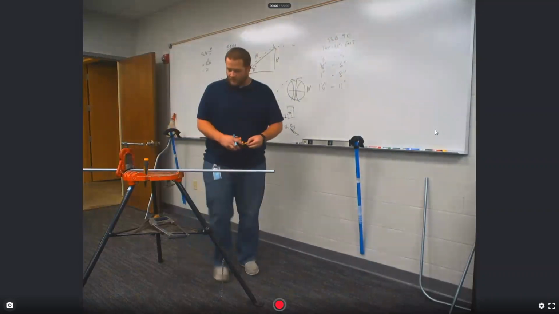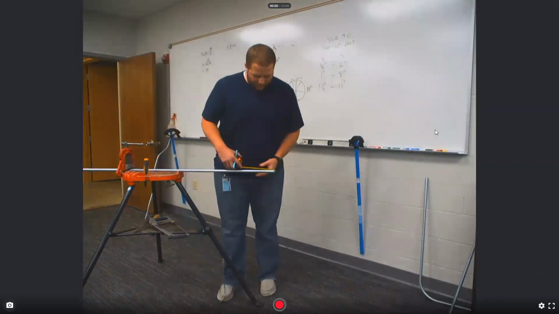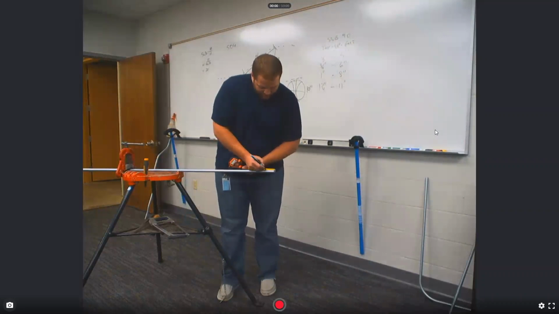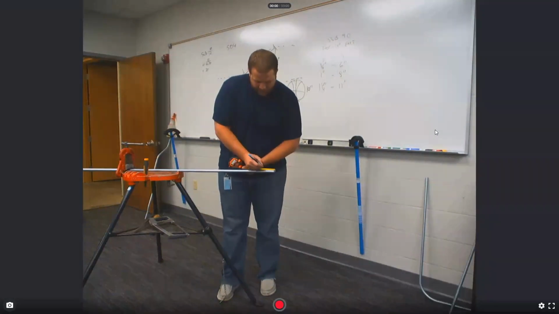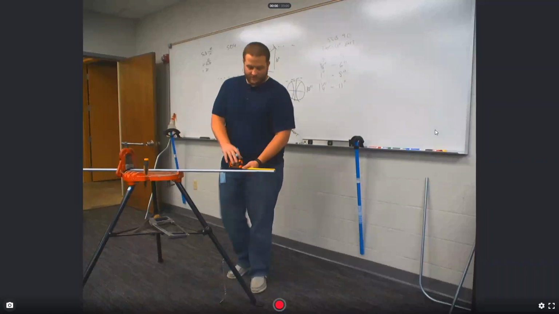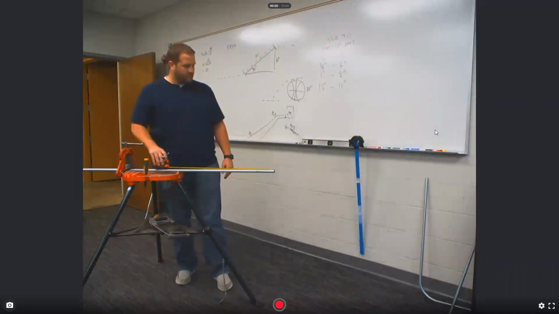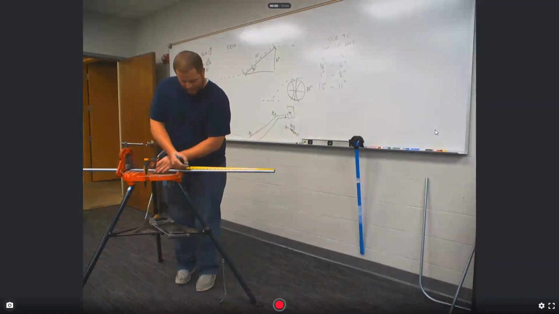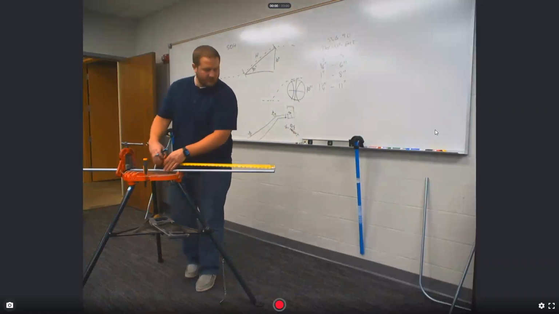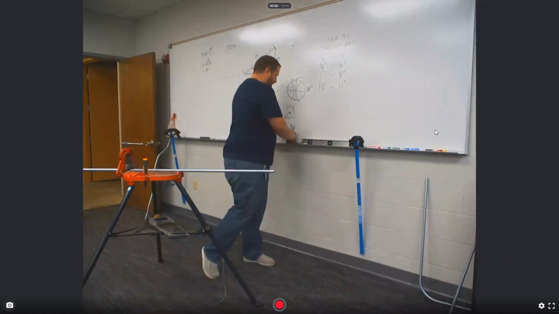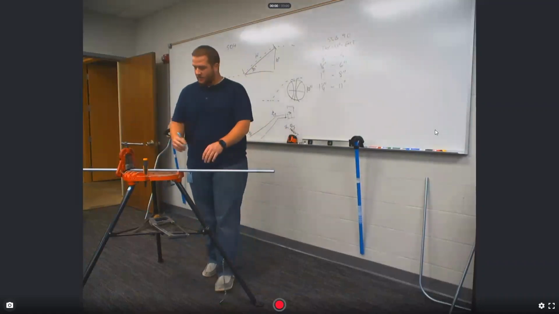Okay, so I'm going to come up 2 inches, and then how far apart do my marks need to be? 20 inches apart. So I go to the second mark, I need to transpose that all the way around.